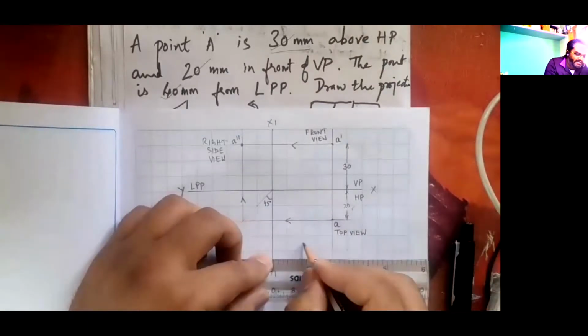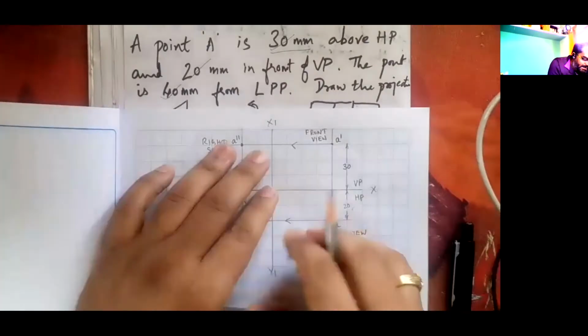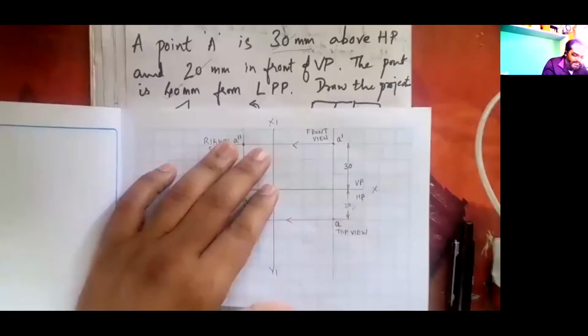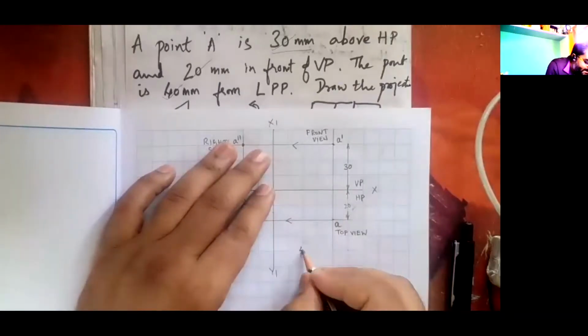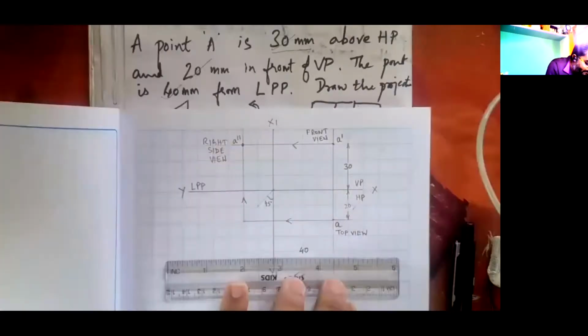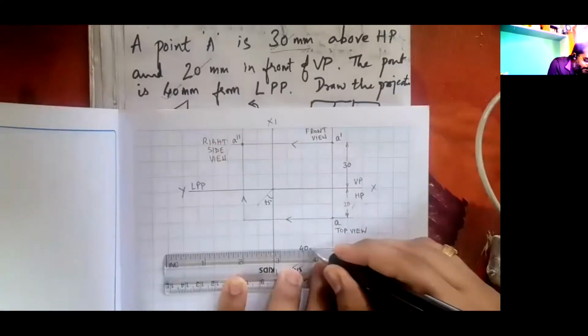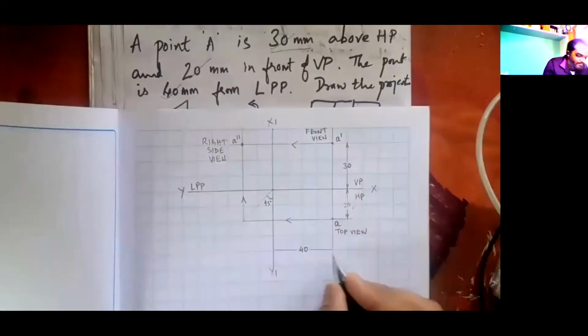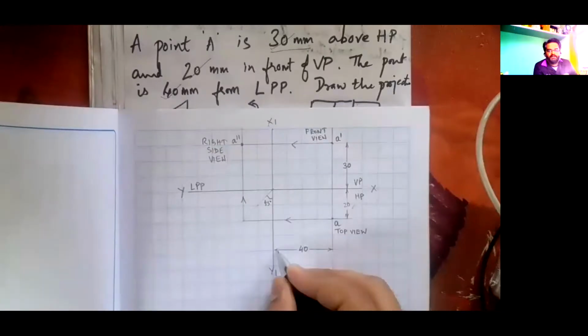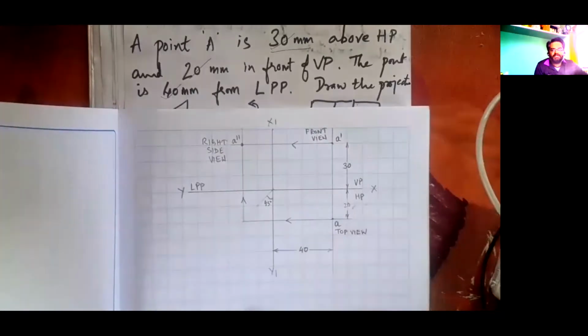Mention 40 on the printed line, and draw the dimension. 40. All dimensions are in millimeters.